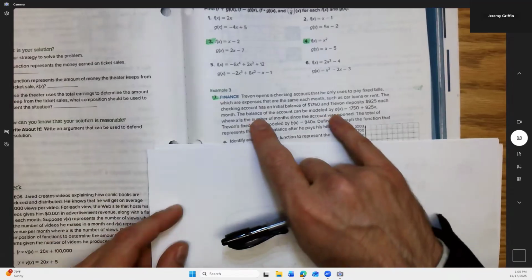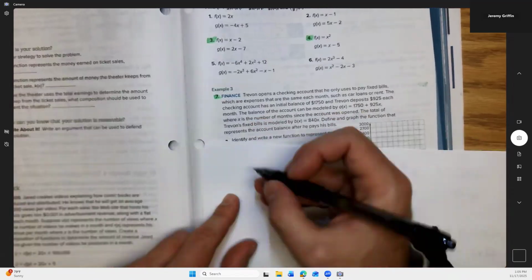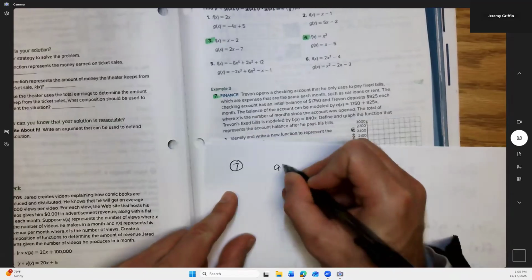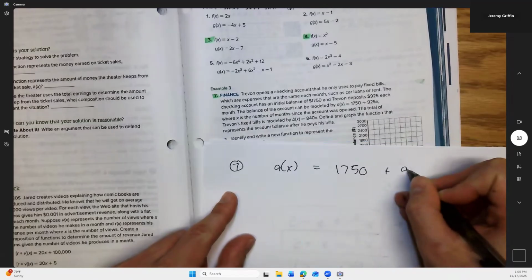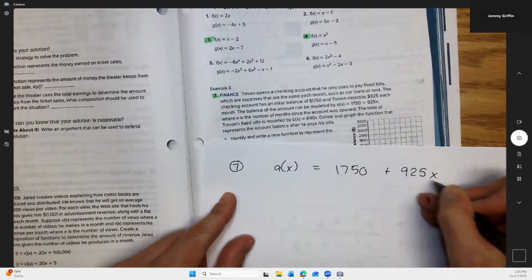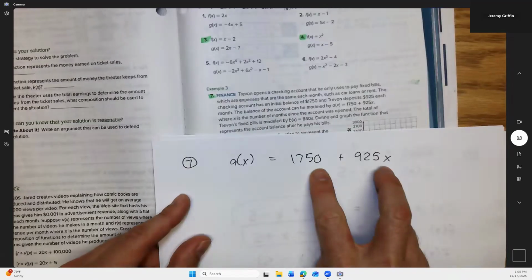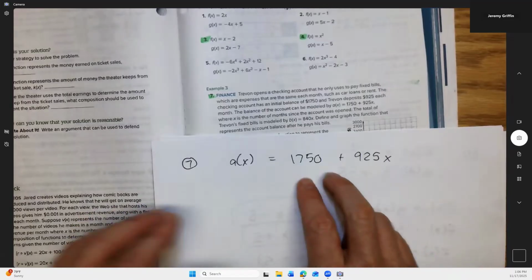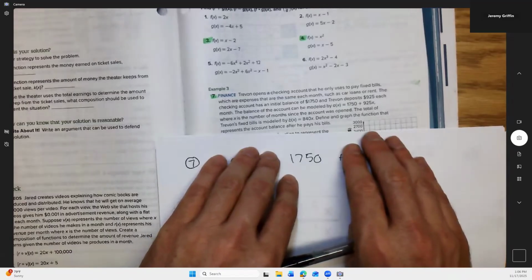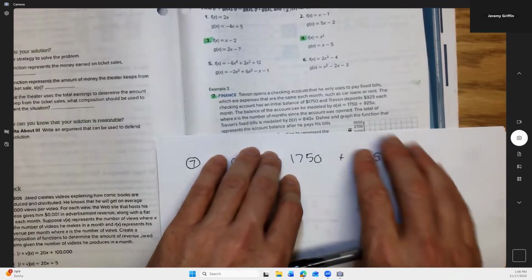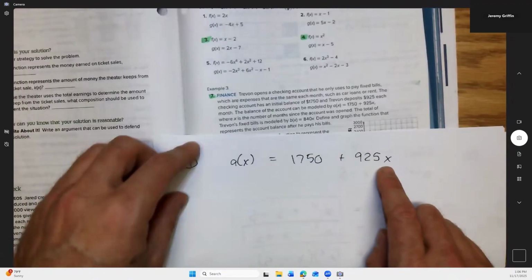So the balance of the account can be modeled by A of x equals 1750 plus 925x. This is how much he's putting into the account. Even at time 0, he already had 1750 in there when he opened it. He just immediately put that in. And then x is the number of months that have passed.